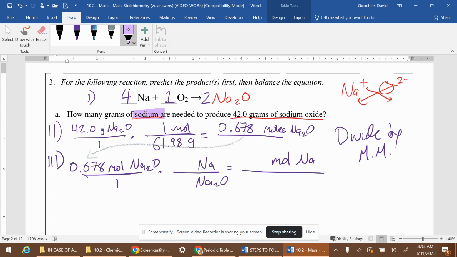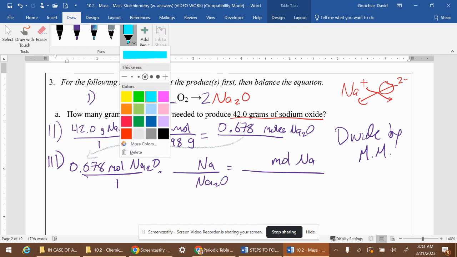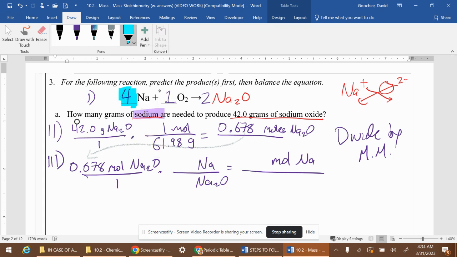And to do that, we look at the balanced equation. 4 sodiums and 1 oxygen gas give us 2 sodium oxides. So the number in front of the sodium is going to be 4. And the number in front of the sodium oxide is 2. So it's just going to be 0.678 times 4 over 2, which is just 2.